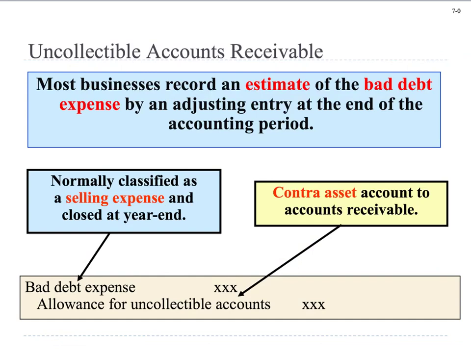When you have an uncollectible account, you have to book the expense in the period that the revenue has been booked because of the matching principle. So you're going to book it to this bad debt expense account and then the allowance to let it sit there until you actually do have to reduce the accounts receivable.